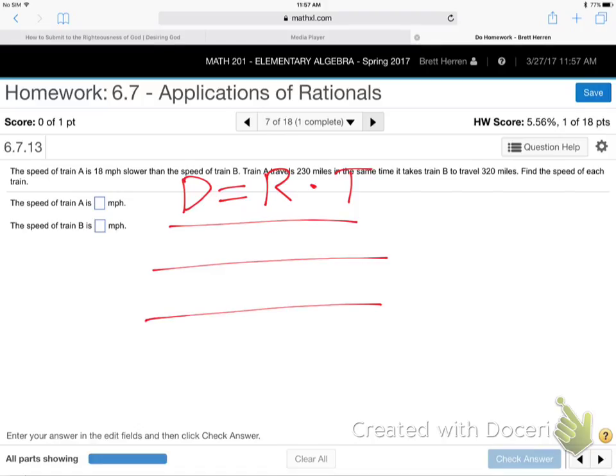Slower means minus. So X minus 18. You guys doing okay? The dirt equation. And we got train A, train B, right? Want to get 4 boxes from the words, and then the last 2 from dividing, right?